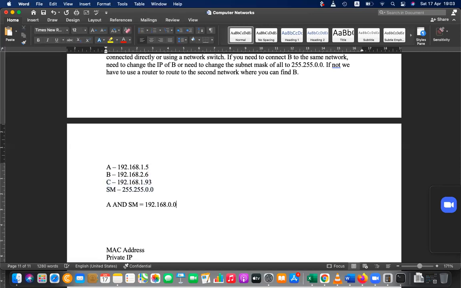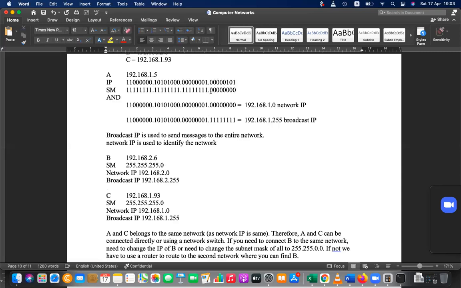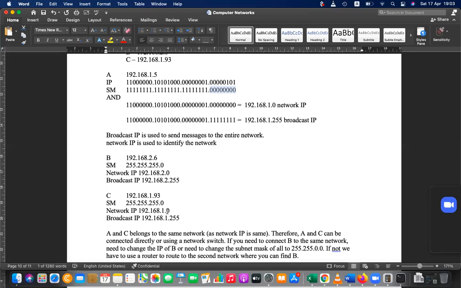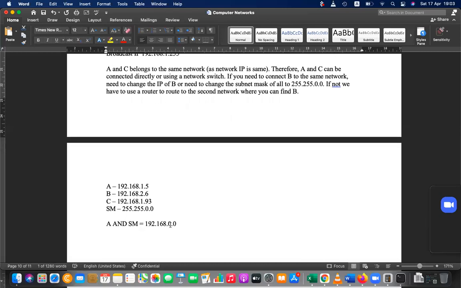Understood how to get this easily? Yes. If you're not sure, please ask. Because here you have all zeros. If you AND something with all zeros, you will get 0 as the result. So since you have 0 here, if you AND this 0 with anything above it, you will get 0.